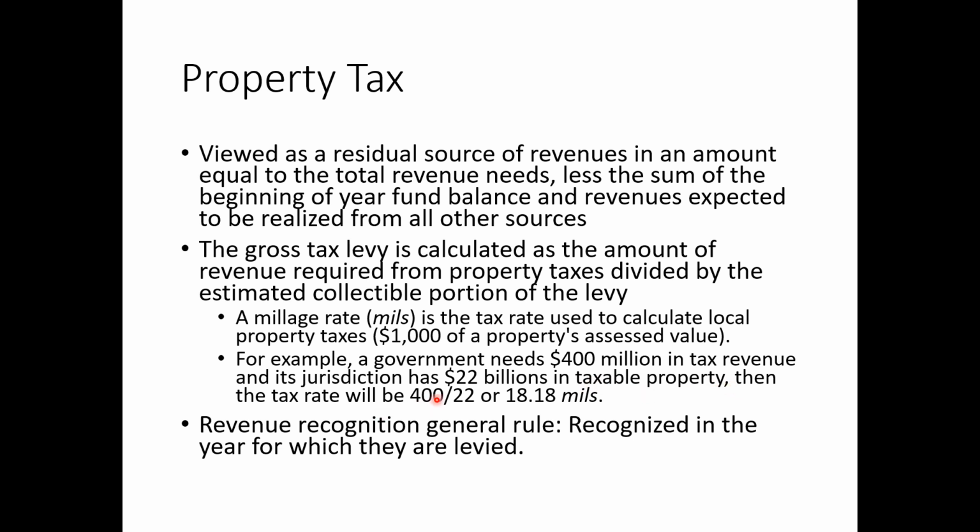That's 400 million divided by 22 billion, and that's going to give us 18.18 mills. In other words, for every $1,000 of property value, the property tax will be $18.18.